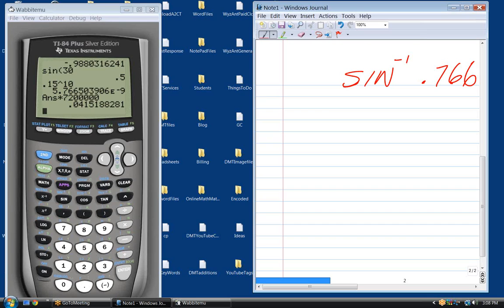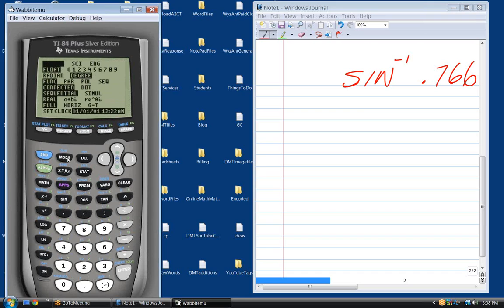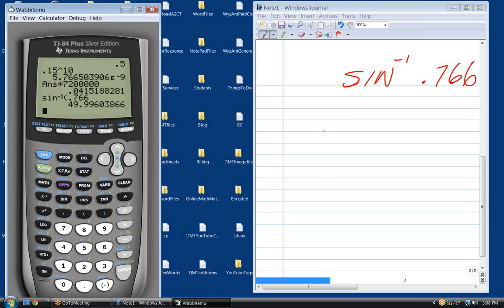The inverse sine is above sine, so second inverse sine 0.766, and it gives me my answer, and the mode that I'm in is degrees. So that's 49.996 degrees.